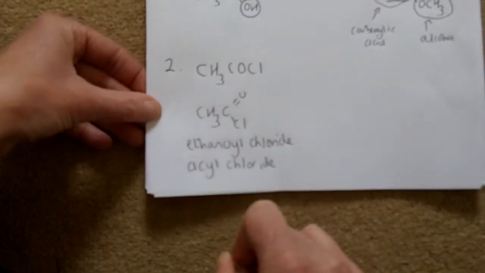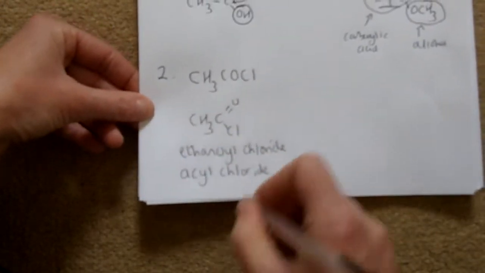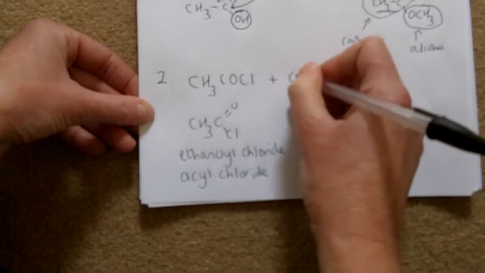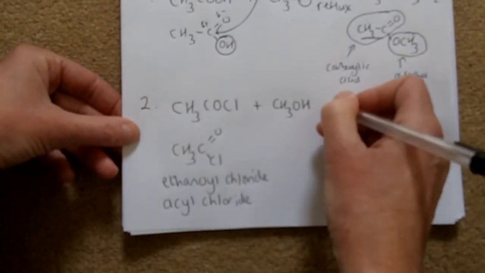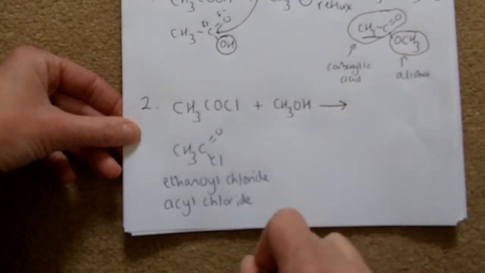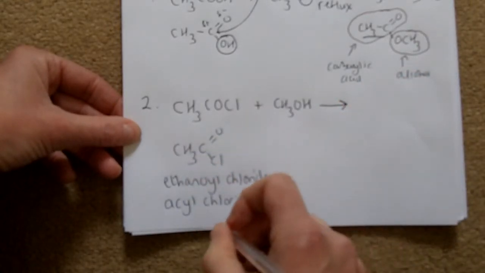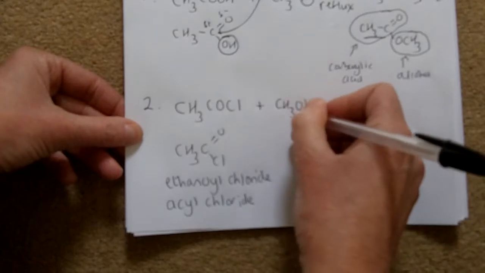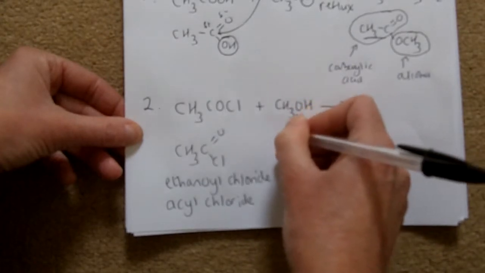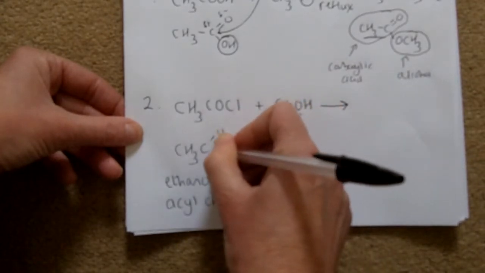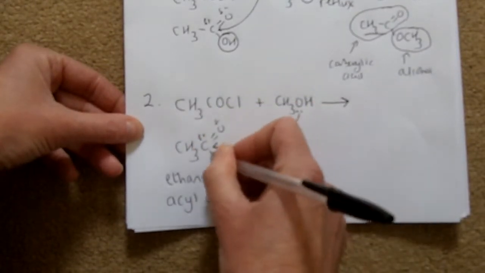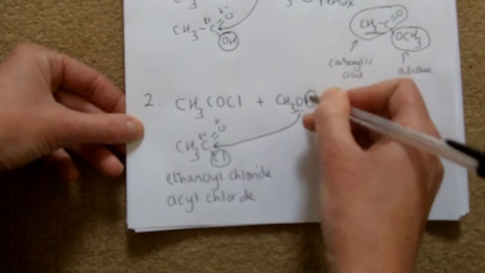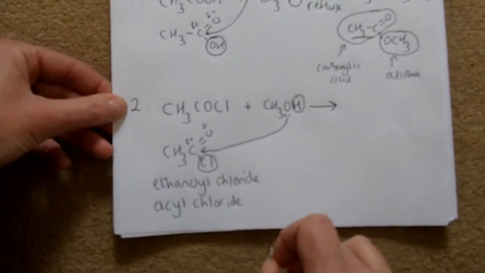If you take that plus the alcohol, you make the ester, and again the oxygen is coming in and attacking the carbon, and we get HCl as the other product.